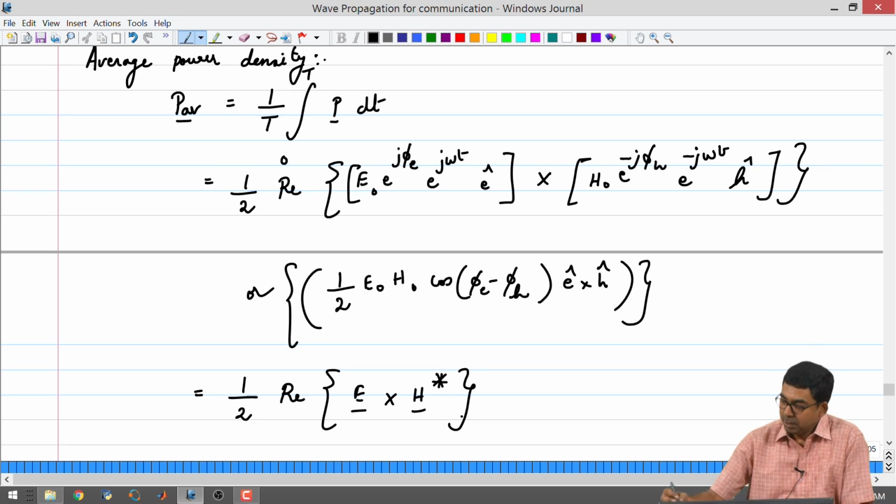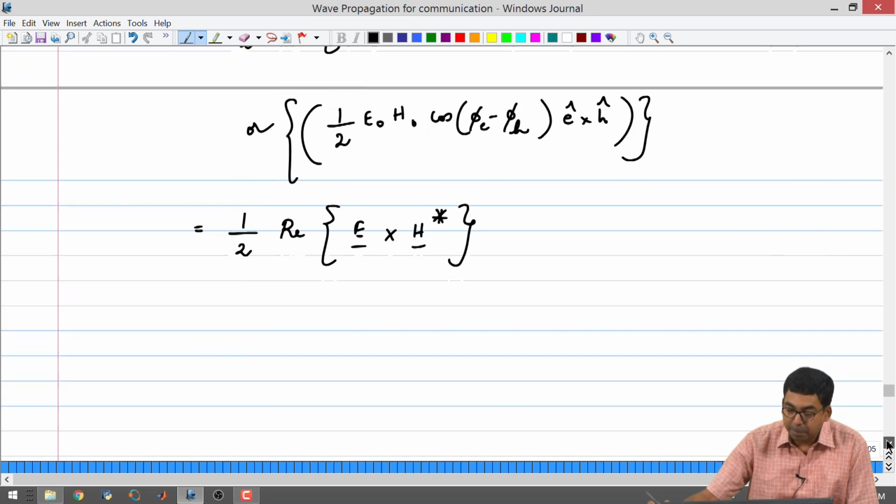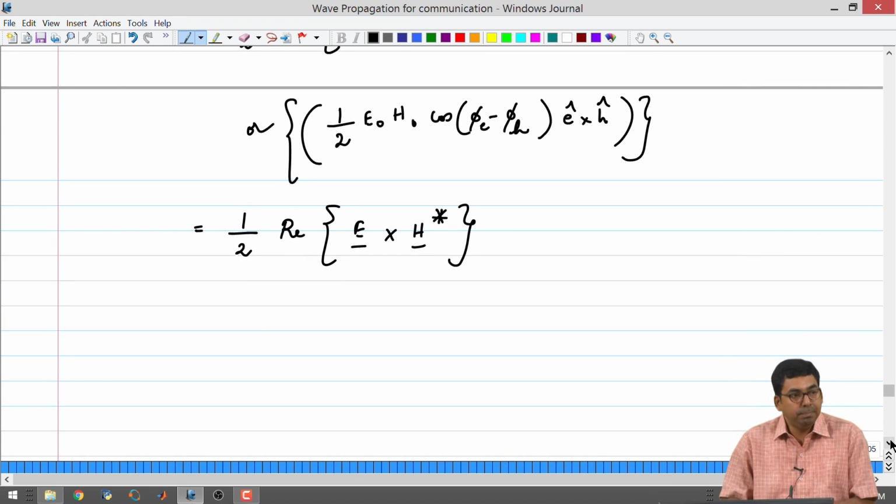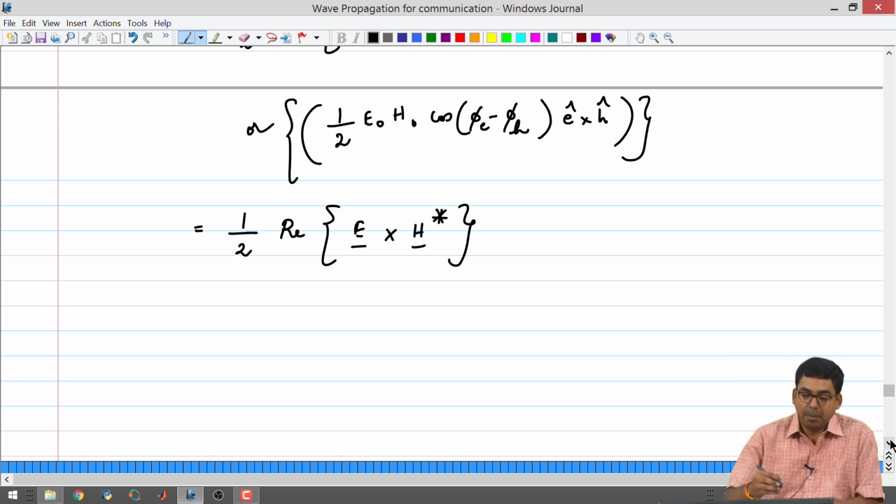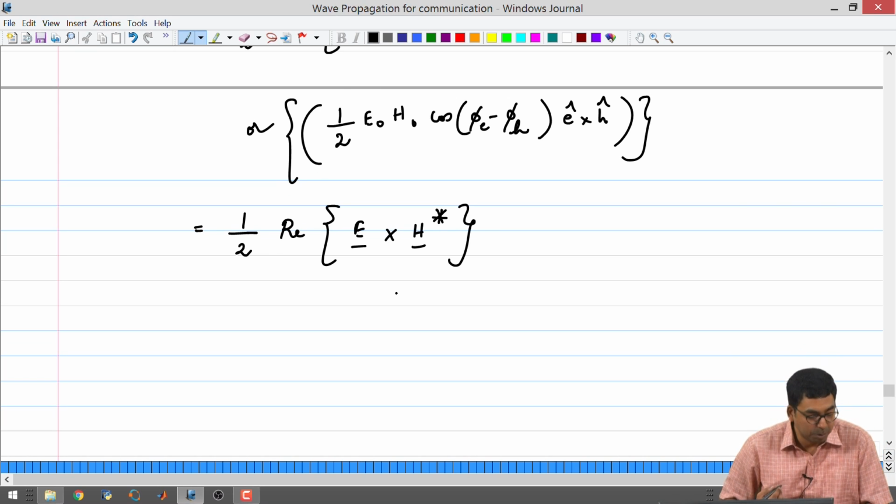Now, since this quantity is independent of time, it gives you some meaningful quantity to make actual conclusions. It gives you whether there is an average power flow or not, whether there is an average power flow into the surface or out of the surface. So, this is a quantity that you can use to make meaningful conclusions.